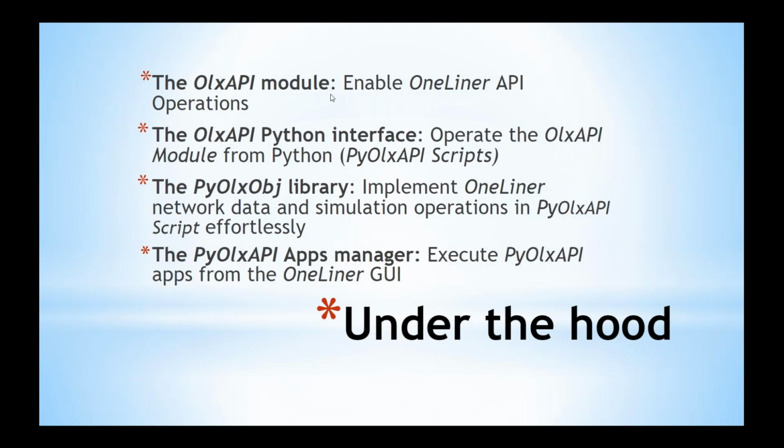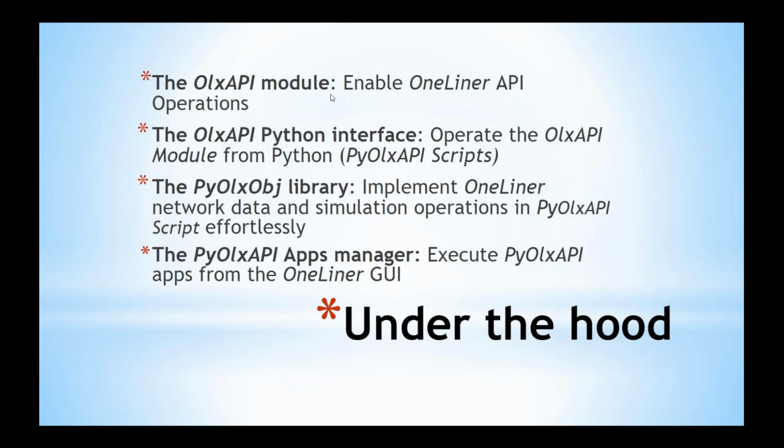Now, if you are starting with Python, then you probably will want to use another library that we ship with OneLiner, and this one came out recently with version 15.5. This is called pyOlxObjects. This is an object-oriented library written in Python that you can reference, and we'll show you later today that with this Python library, it's very straightforward and takes almost no effort.